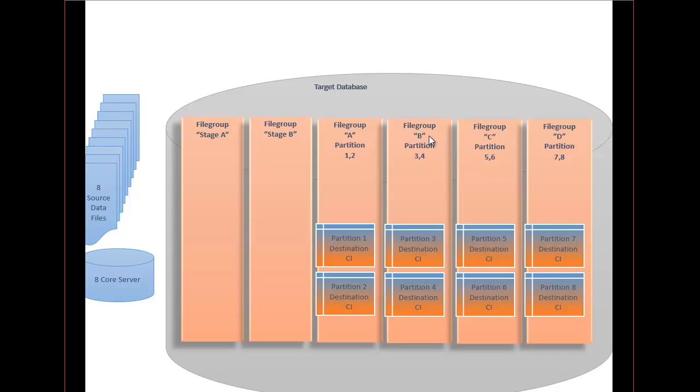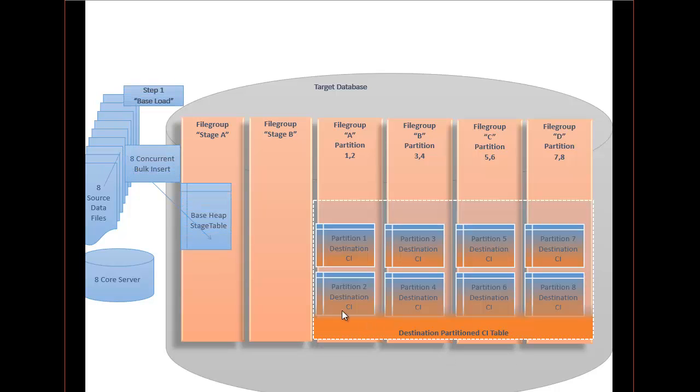So here I have a target database staged up like this, and here are my file groups and the partitions that I have then created on my file groups. And so I have several source files coming in, and this is how it would work. There's my destination table represented by my fact tables.